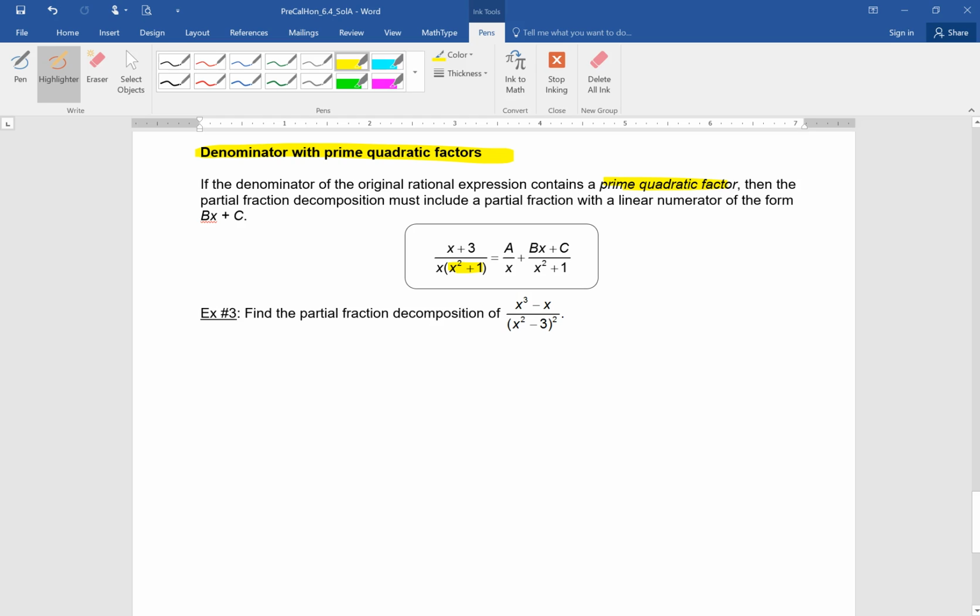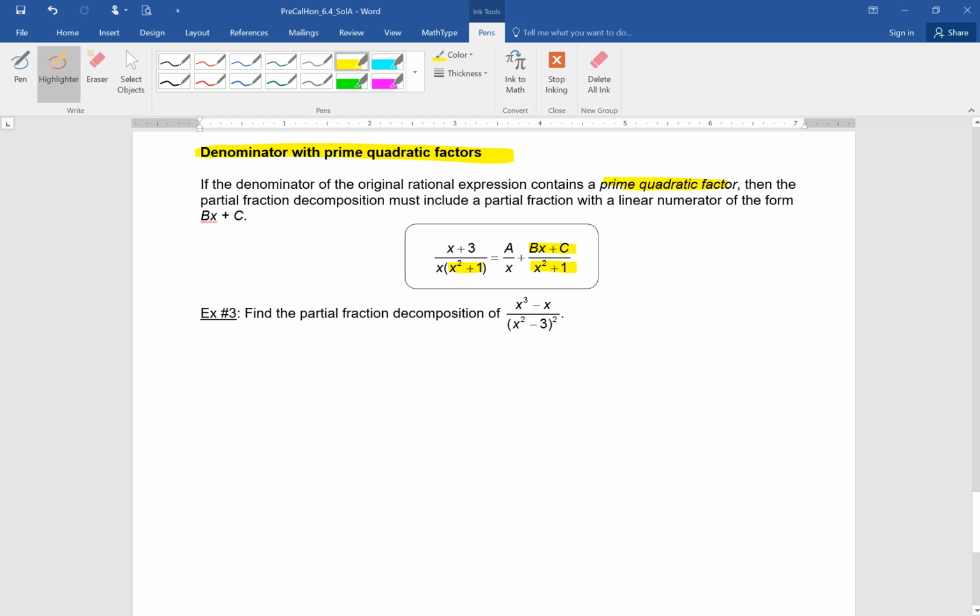That's a quadratic which cannot be factored. In that case, the numerator can't just be a simple constant. It has to be a linear expression: Ax plus B, Bx plus C, and so on. So whatever degree the denominator has, the numerator should have a degree 1 less. Does that make sense?